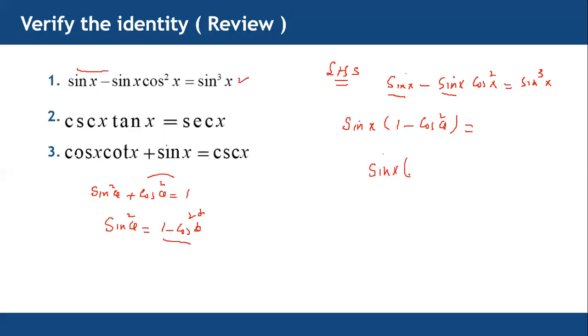So we have sine x times sine square x, equal to sine cube x, sine power 3x. That is the right hand side. Clear?